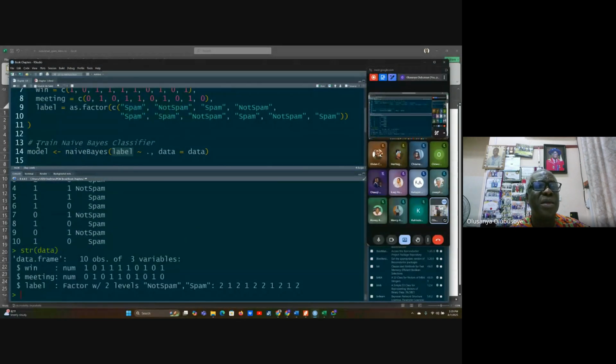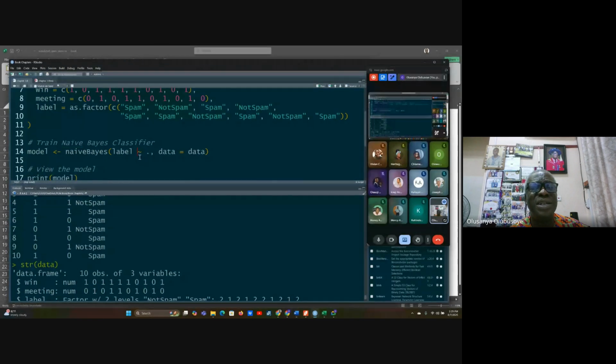So you can now use this naive Bayes function, and these are the arguments. Label will come first, followed by this symbol called tilde, then dot here.